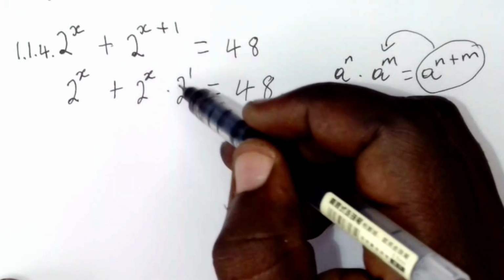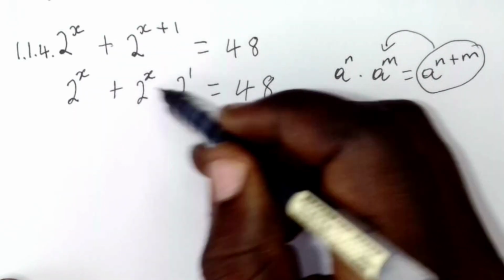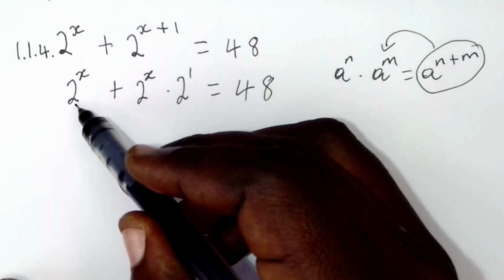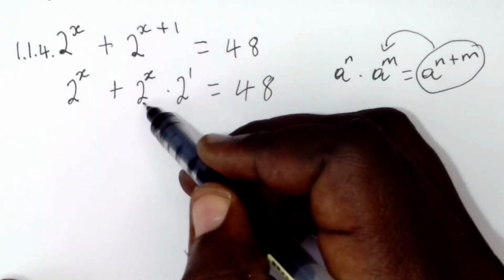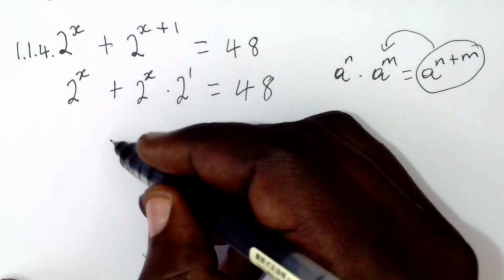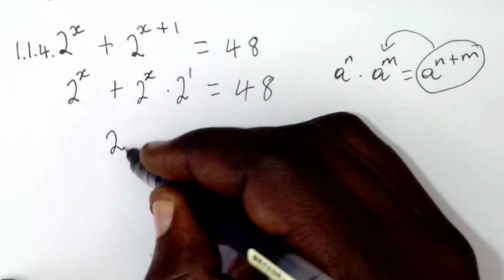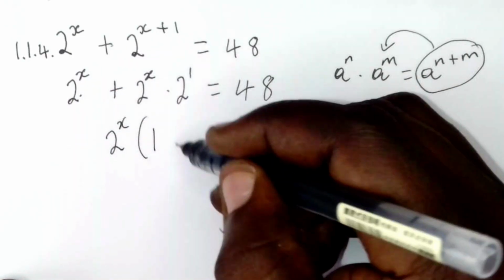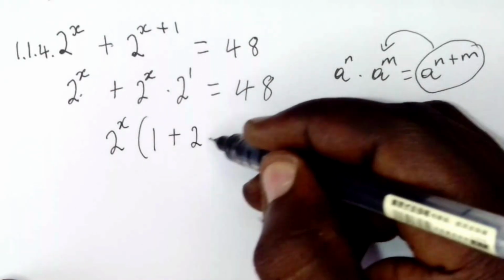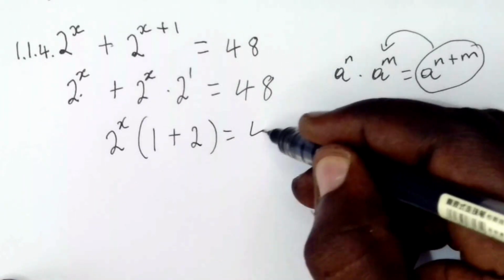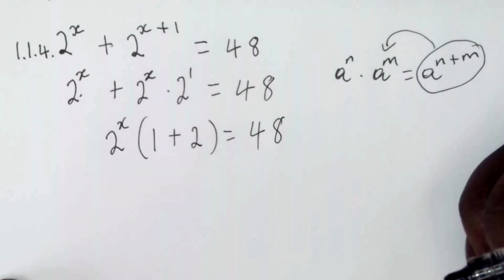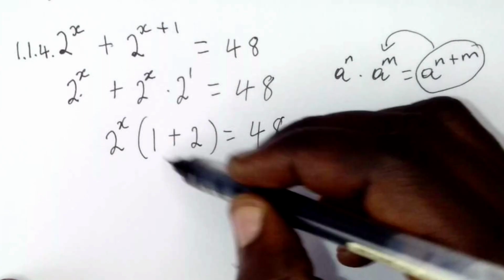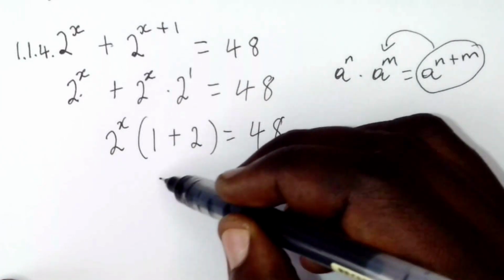Okay, now look at this now. Now we have the common factor. These are two terms. Remember, in this term, we have 2 power of x plus 2 power of x in this side. So we are going to take it out now as our common factor. What is left here is 1. What is left here is plus 2 when you look at it very carefully. Equal to 48. So this side, you are going to have 3.